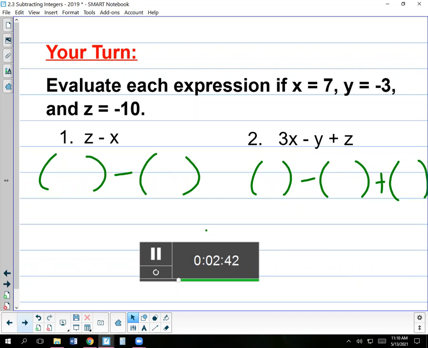Minus X is 7. Your grouping symbols. I have a -10 and a. Once you plug it in, you need to rewrite it as an addition problem.